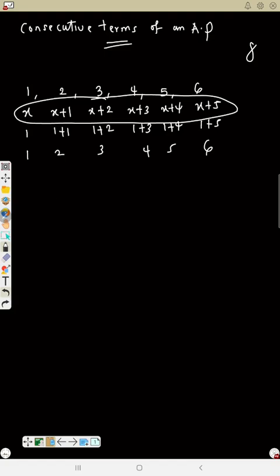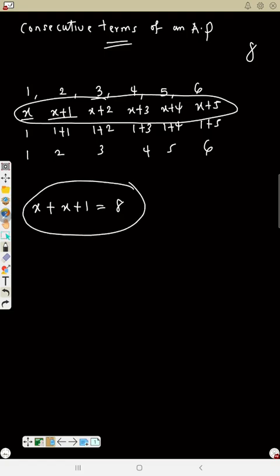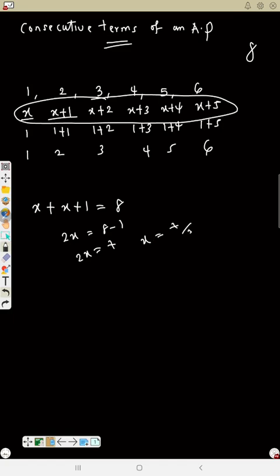So this one should be 2x equals 8 minus 1. 2x is 7. So you see there is no such consecutive whole number because we get a fraction here.